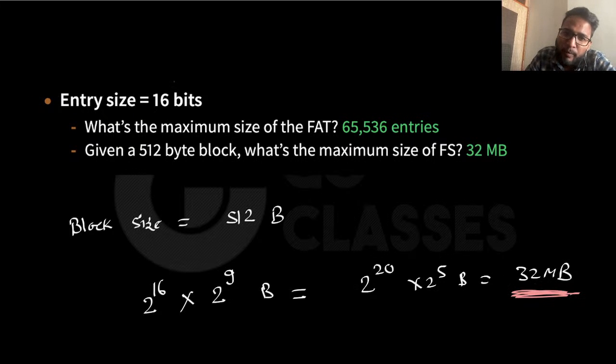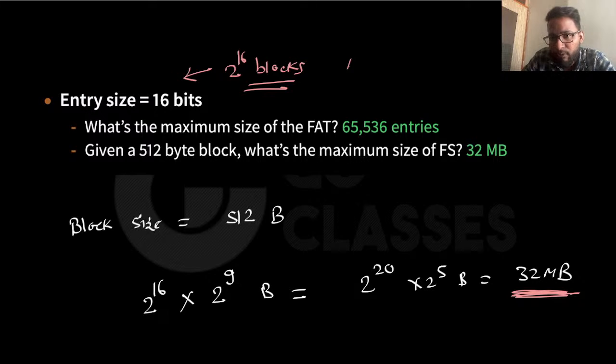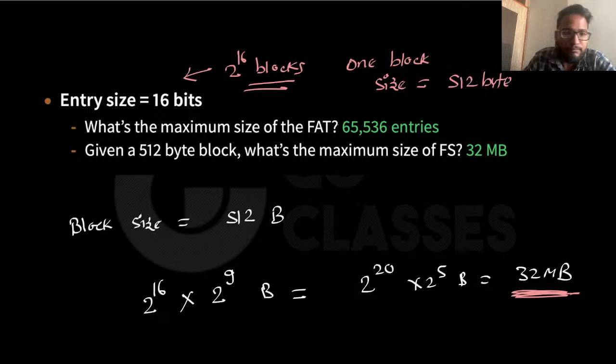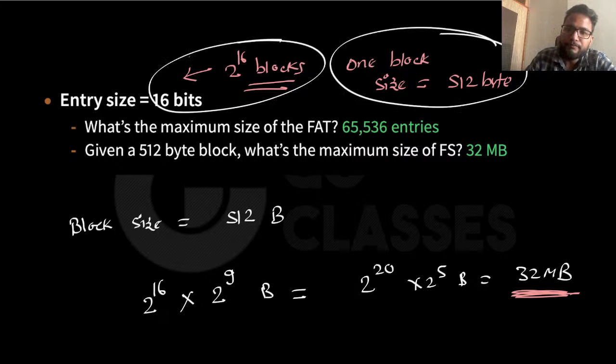Because you just have 2 power 16 blocks, and one block size is also given to us, 512 bytes. So that is why you can find out the disk size.